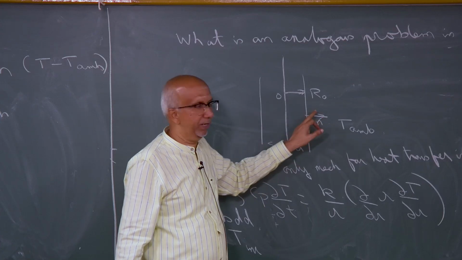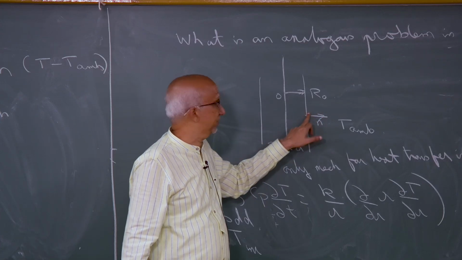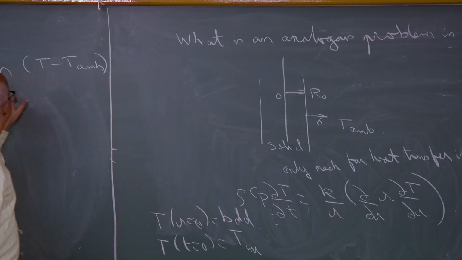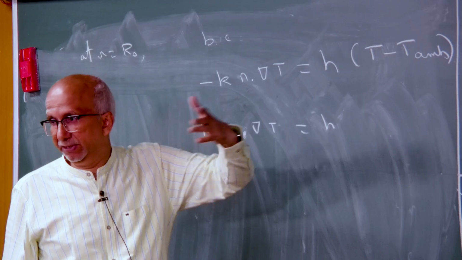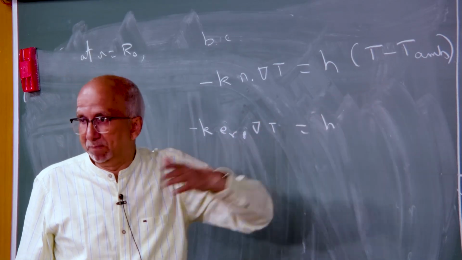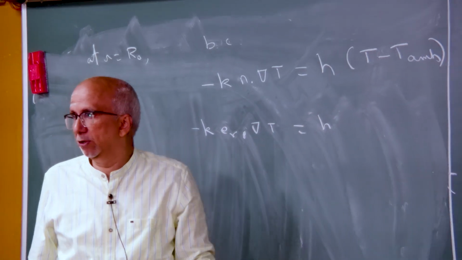This is balanced by whatever is being lost from the surface to the ambient in terms of Newton's law of cooling. This is the heat transfer coefficient, and the temperature difference tells you how much heat is being lost.